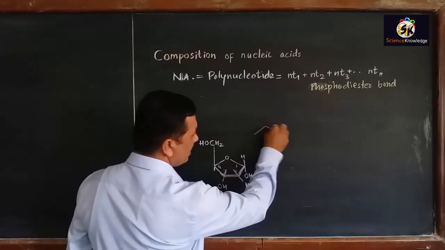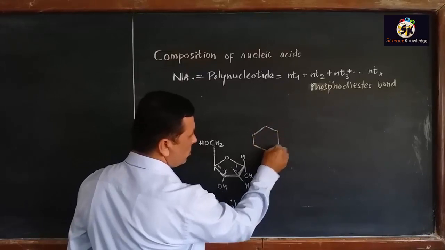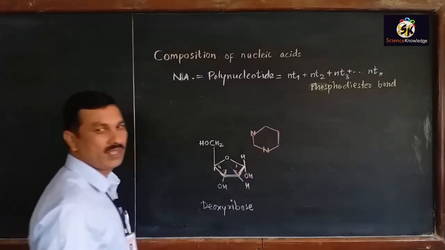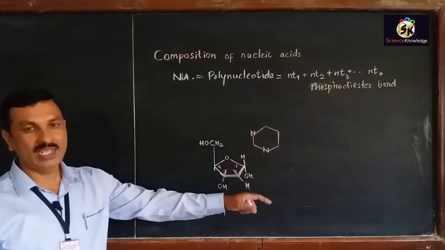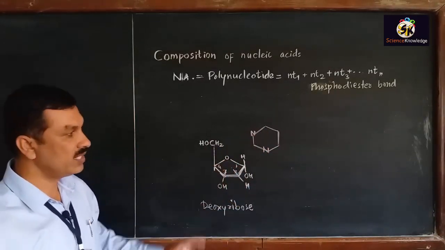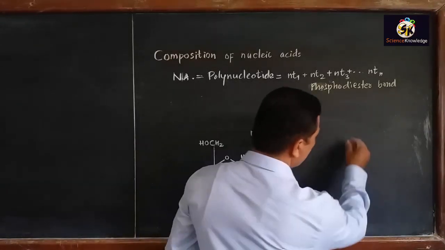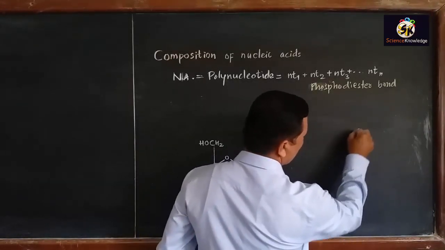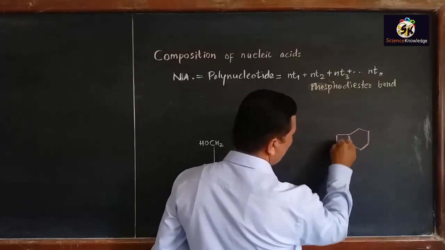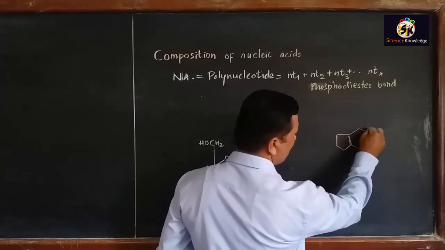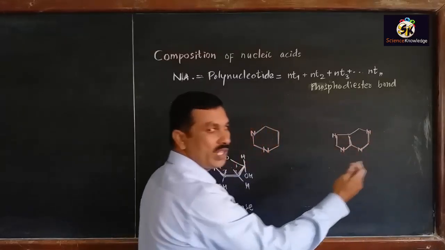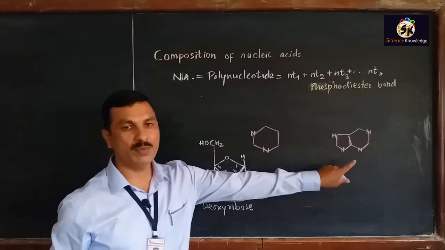For simplicity, I will draw only a 6-membered structure instead of all the details, whether it is cytosine, thymine or uracil. And for purines, I will draw a double ringed structure without any details, so that we can understand that this is a purine.